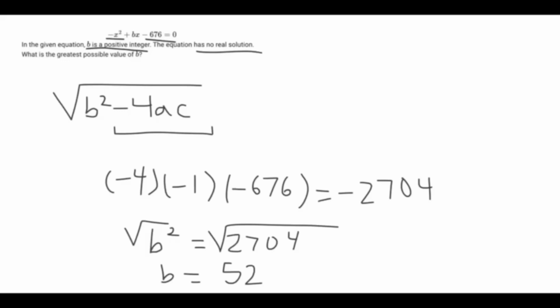The next closest value under 52 would be 51. The greatest possible value for b is 51, because if we test this, 51 squared is 2,601, and that is indeed smaller than 2,704. So if you did the math there, you would get a negative discriminant, meaning you would get no solution. And that would ultimately solve the problem.